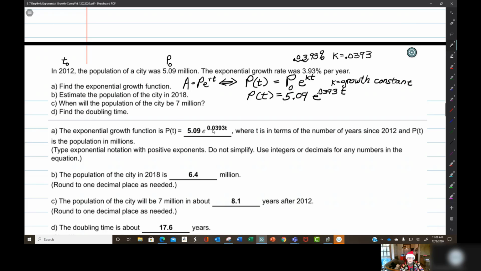And so that's what they give us there. 5.09, because when you started your study, that was the population.